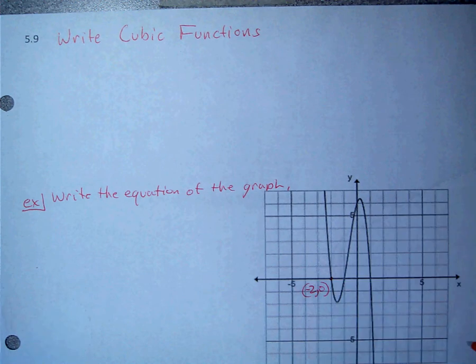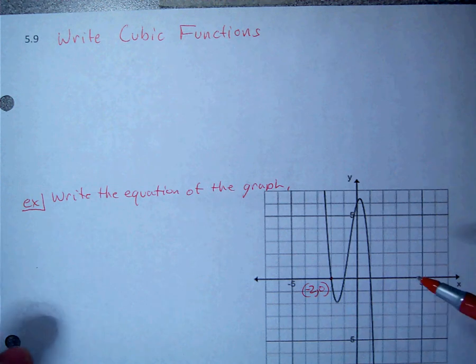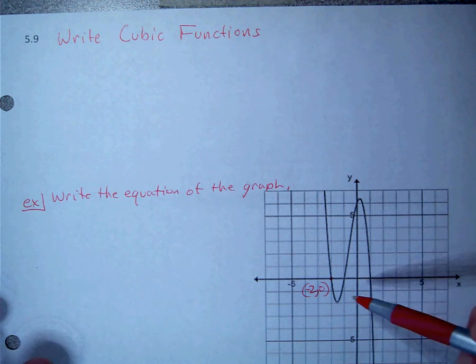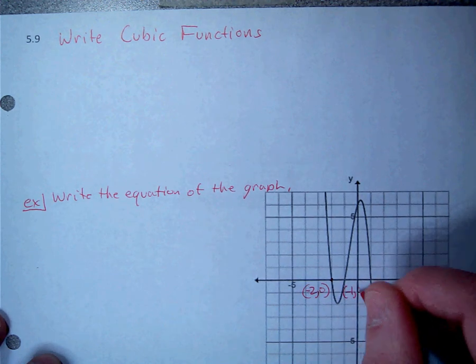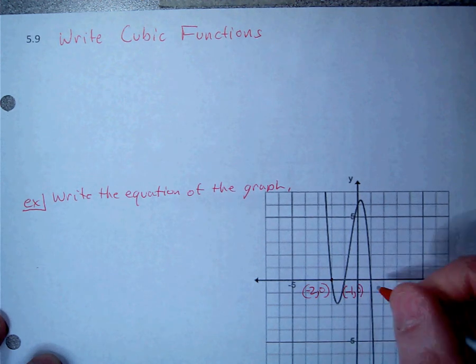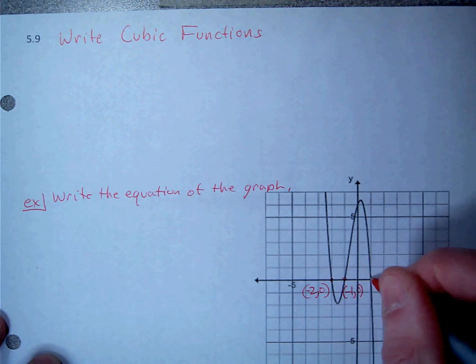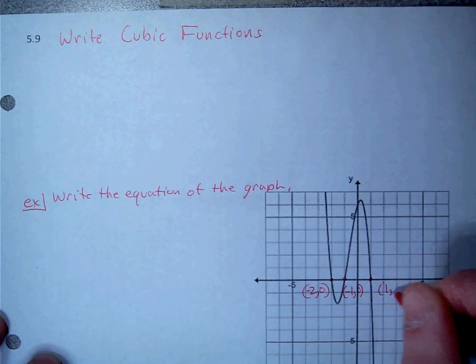It's always going to be given a graph. Sometimes they'll just give you coordinates, so I want you to be familiar with that. We've got a zero at (-2, 0), a zero at (-1, 0), and a zero at (1, 0).